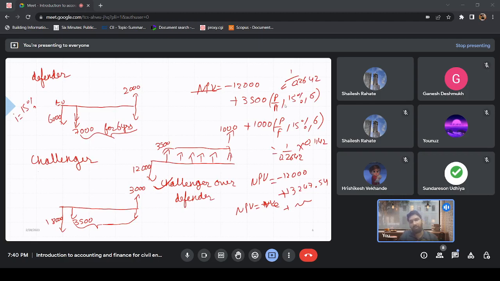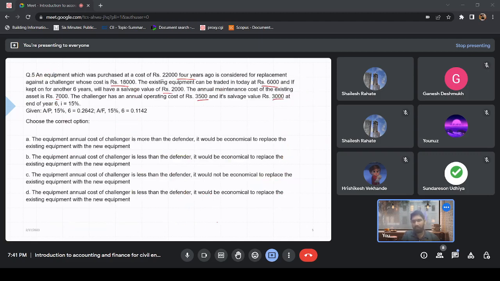We found that Challenger over Defender has a positive NPV. That means its net annual cost or net annual benefits would be better than the Defender. So the cost of Challenger is less than the Defender, so it would be economical to replace.